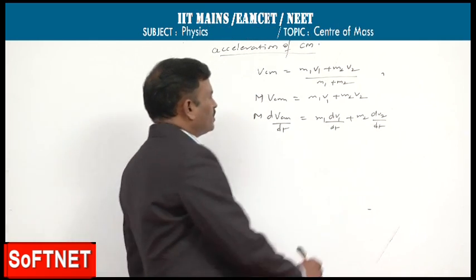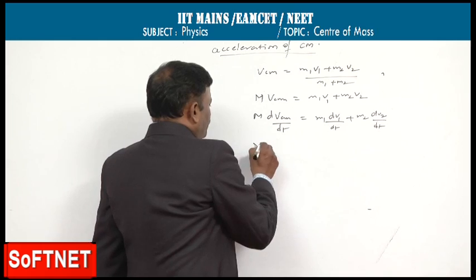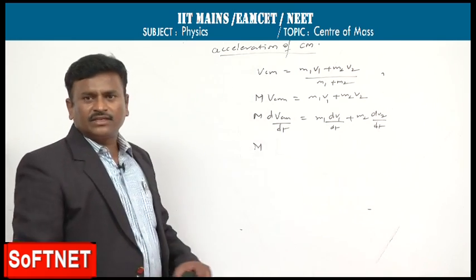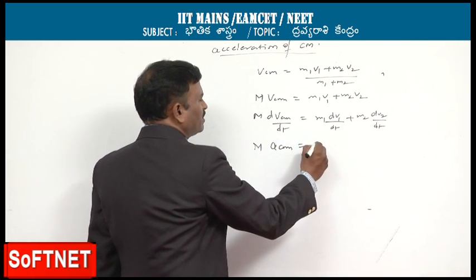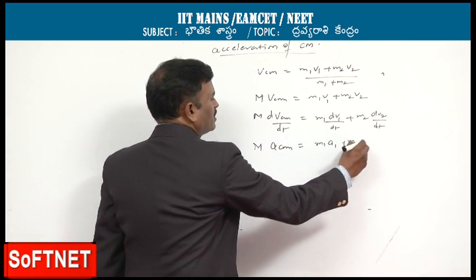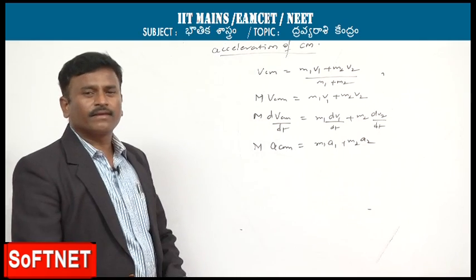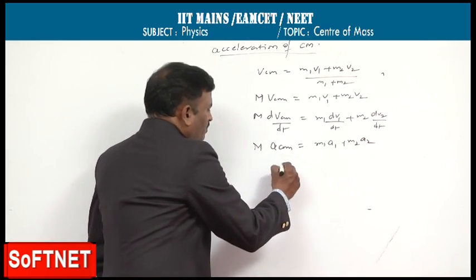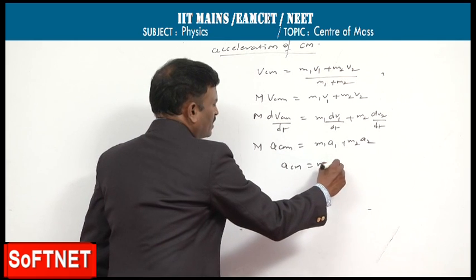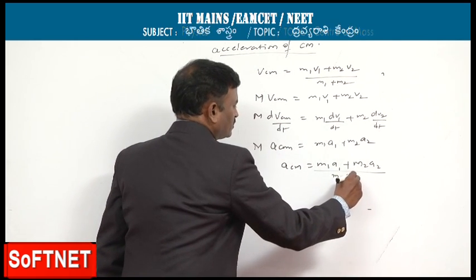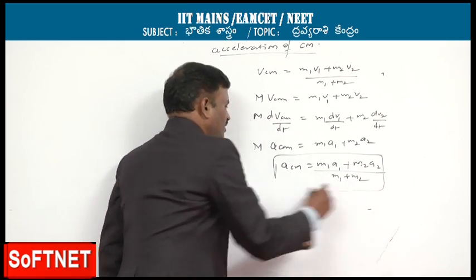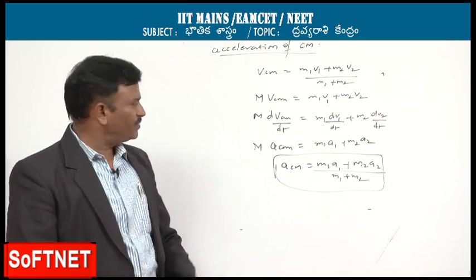Here the time rate of change of velocity is nothing but acceleration. So M acm is equal to m1 a1 plus m2 a2. Here acm is equal to m1 a1 plus m2 a2 by m1 plus m2. This is acm, the acceleration of the center of mass.